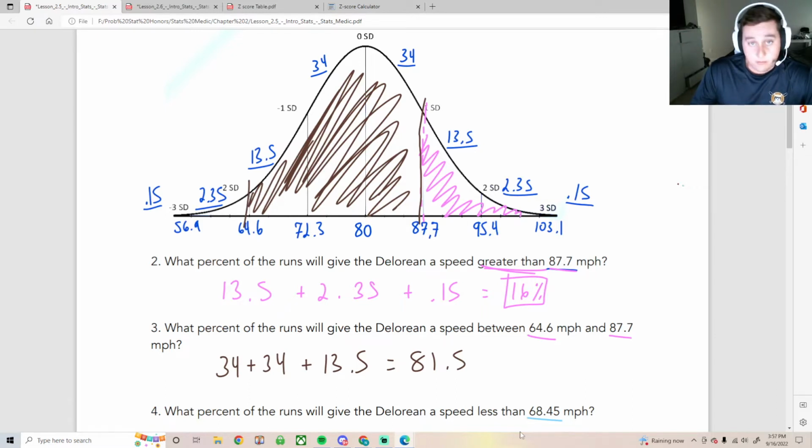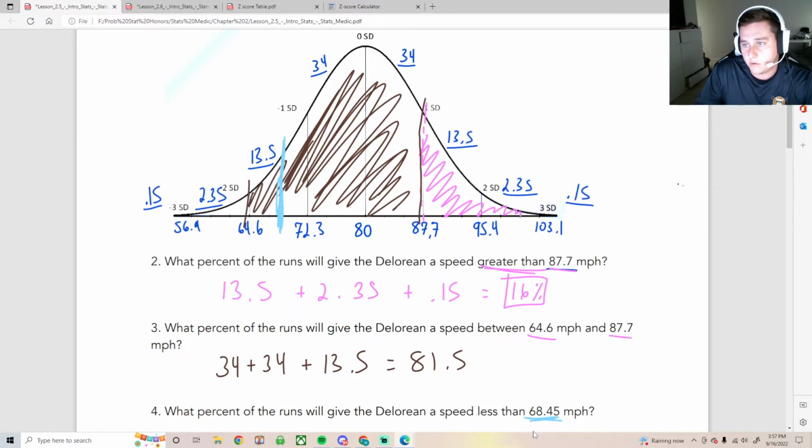When you have a number, like in this case, that's not a perfect one, two, or three standard deviations above or below, there's no way to memorize that. You'd be memorizing quite a lot of numbers if you tried. So you just kind of have to ballpark where 68.45 is. Obviously, it's somewhere between 64 and 72. So 68 is a little bit closer to 72, so maybe it's right here.